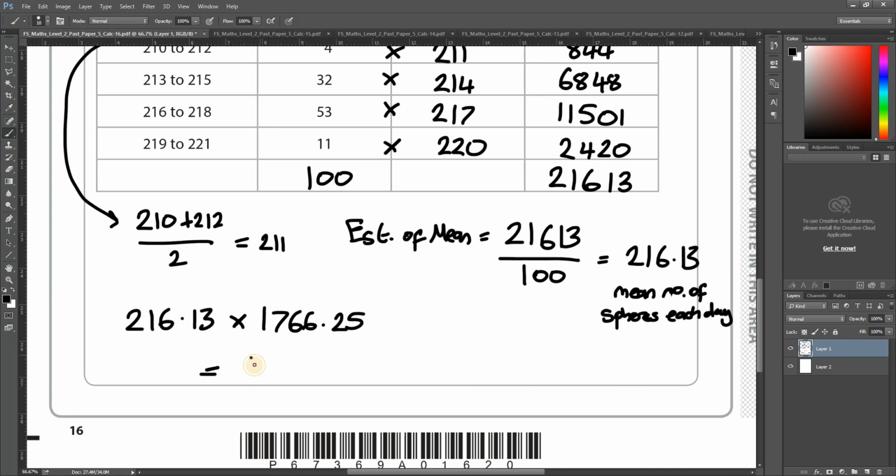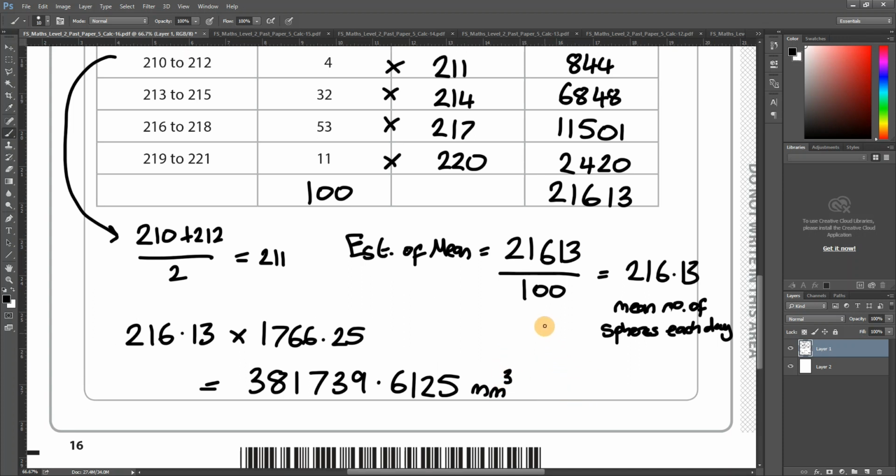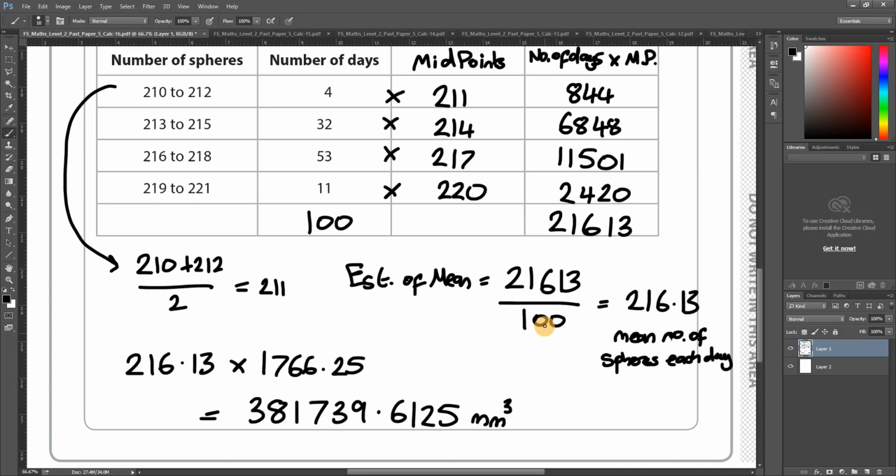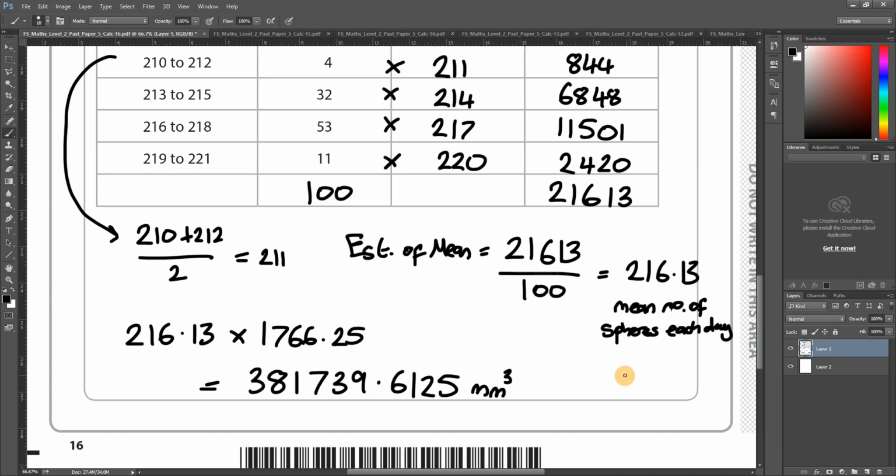Oh, right. So this gives me 381739.6125. And again, this is going to be millimeters cubed. The mean volume of spheres per day.